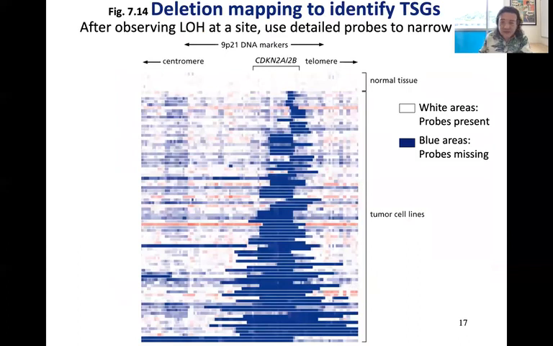This is the last slide for today, and this is a more modern approach for looking at loss of heterozygosity. These days, because of genome-wide sequencing, you can sequence the entire genome of a cell by basically canvassing the entire genome with little probes that should sit down at specific spots along all the chromosomes.